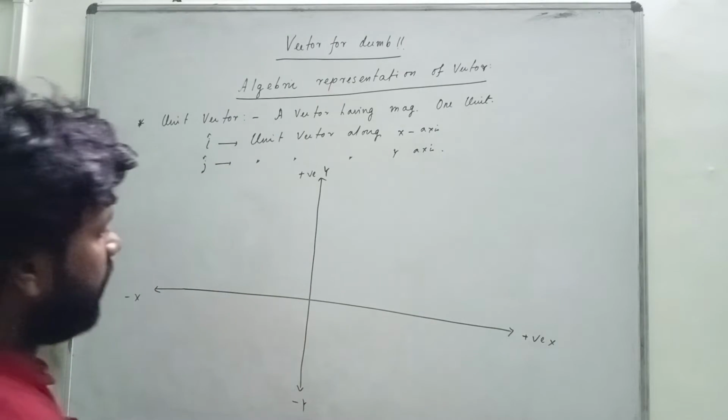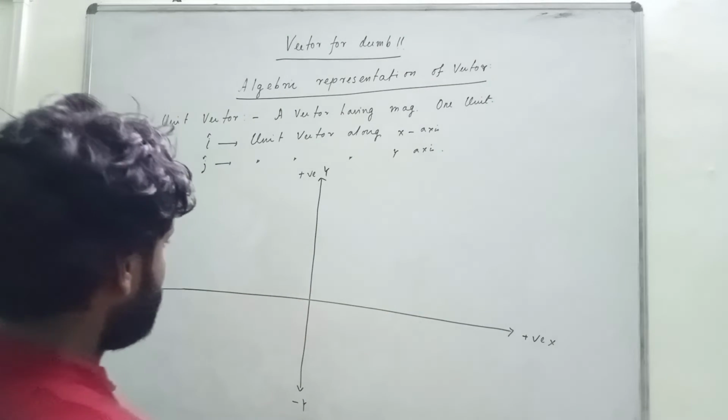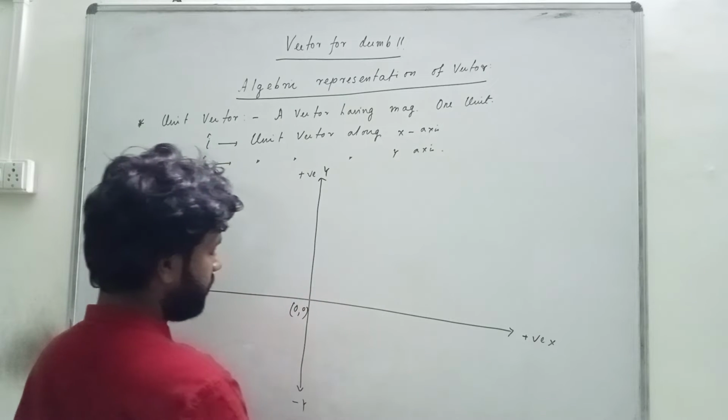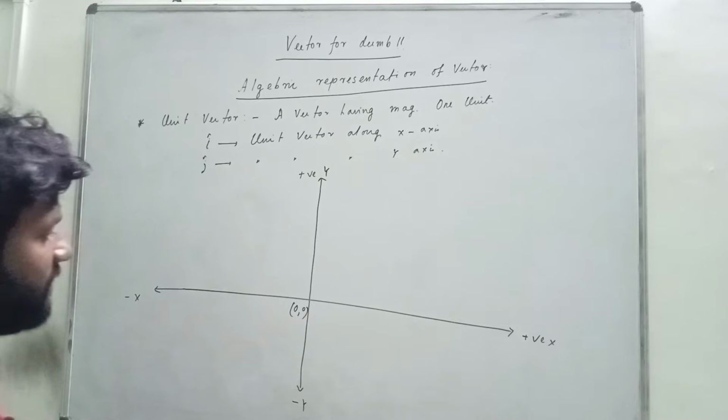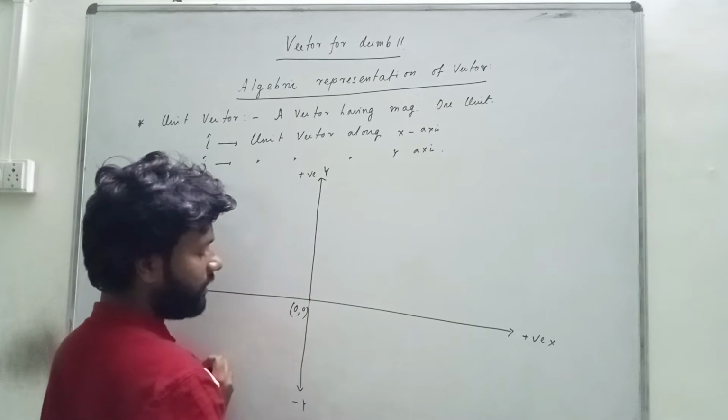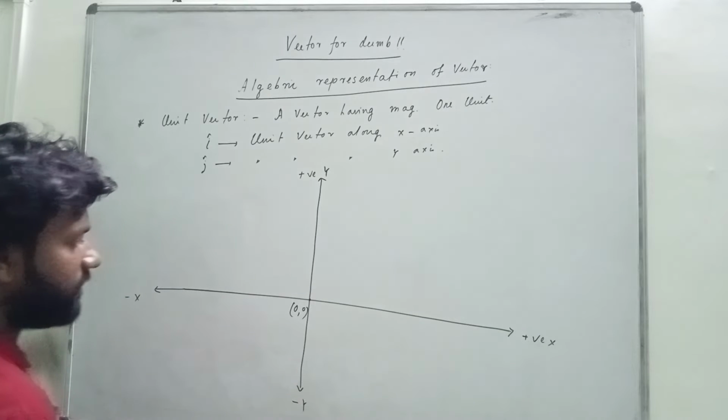And obviously all of you know how to scale the graph and the axes. This is the origin, 0, 0.